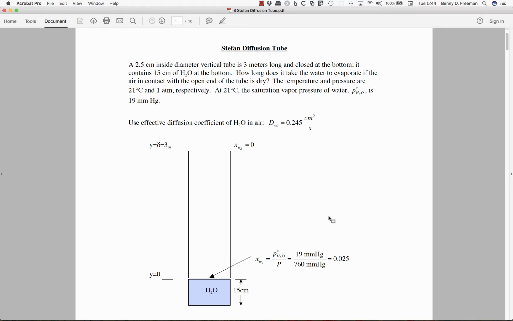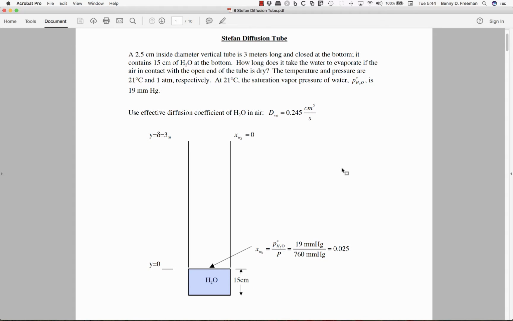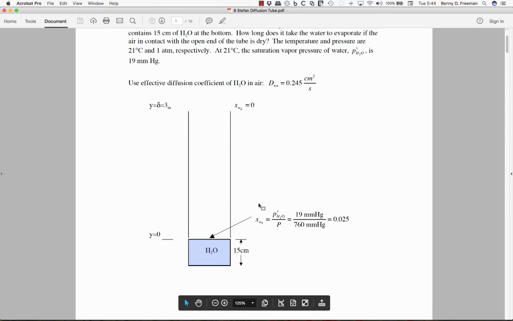The results will not be different from what we obtained earlier, but I'll show you how to get to them using this more general machinery, and we'll also do specific calculations for a case involving evaporation of water from this tube.